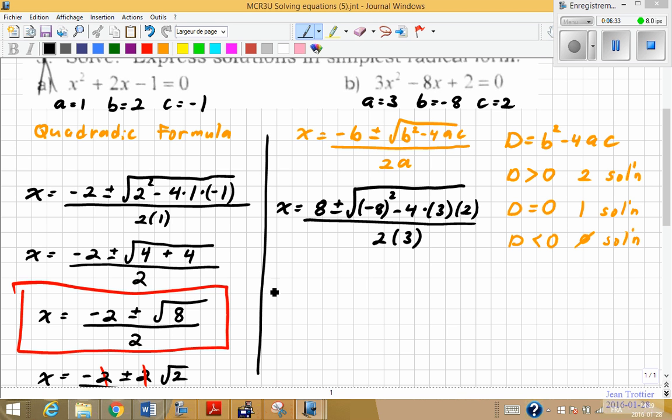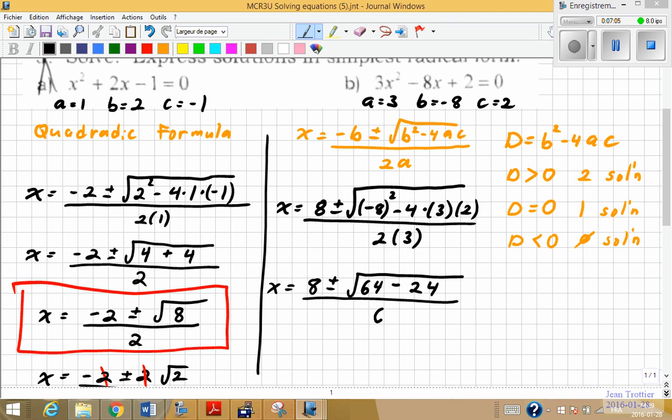Okay, so we have x equals 8 plus or minus, so big root, we'll do a bit of solving in there, minus 8 to the power 2, that is 64. And here we have 3 times 2 is 6, 6 times 4 is 24.